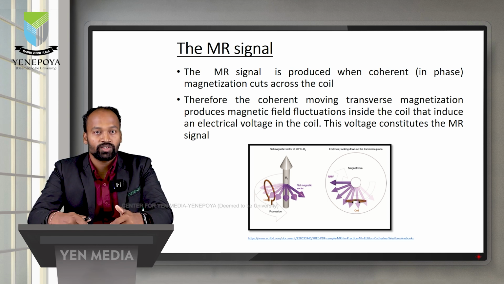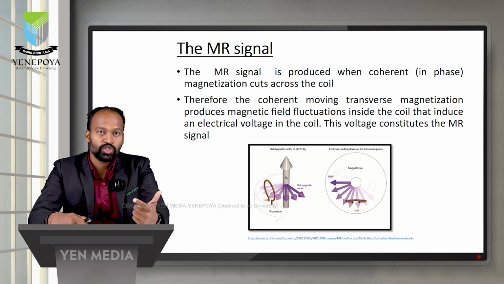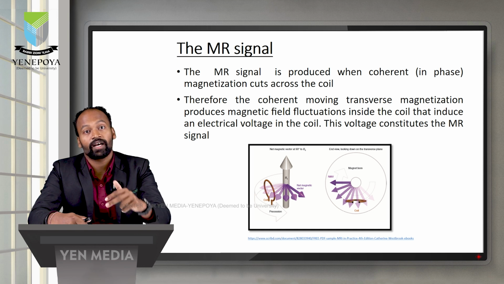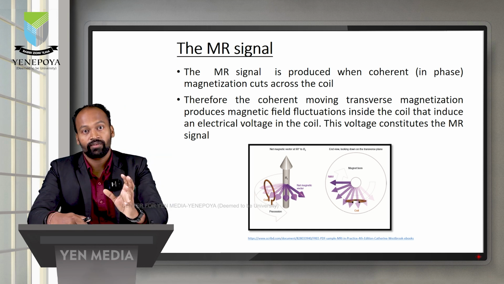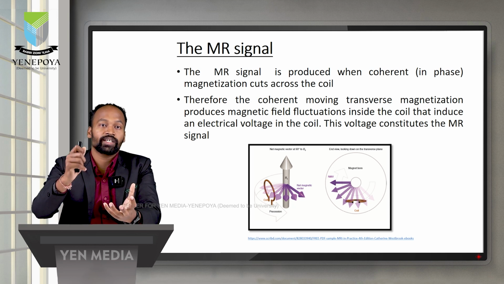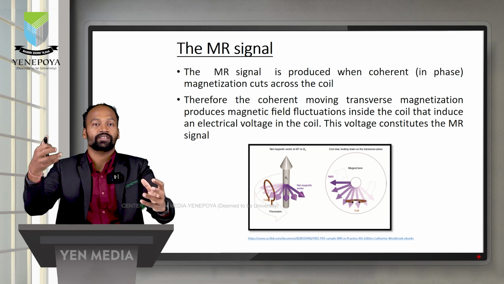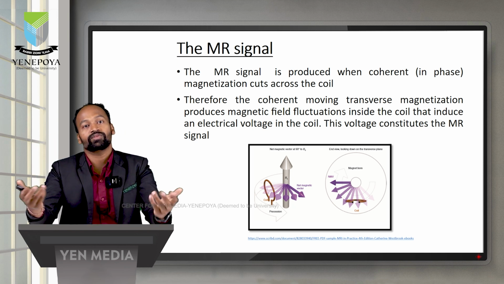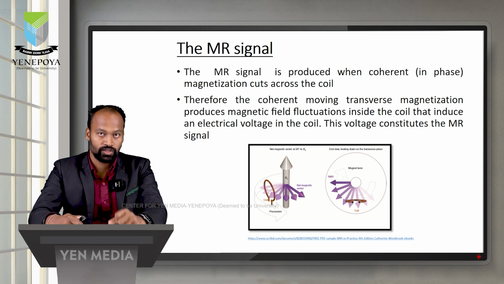Till now we have seen the precessional motion in the atom, then the resonance, and how magnetism is produced. Whenever there is a moving magnetism, if we put a conducting loop, wire, or coil there, a voltage will be induced inside the coil. This voltage constitutes an MR signal.